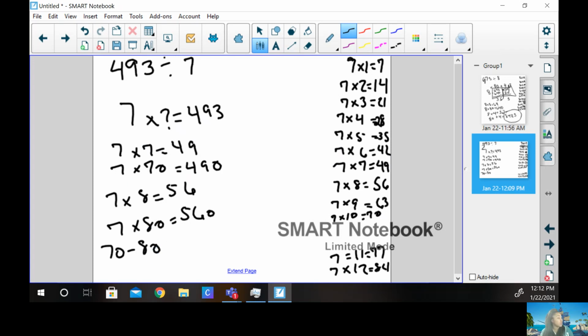Okay, so this is where you can choose to now solve. So we're going to start with 493, and we're going to subtract 490. Where did we get 490 from? We got it from right here, where we did 7 times 70. So we get 3.